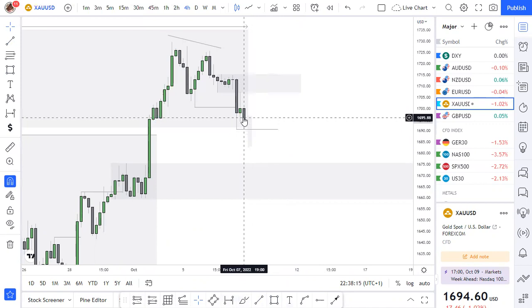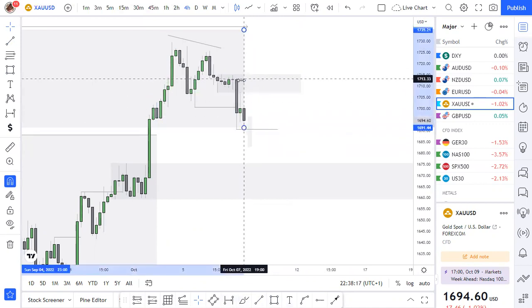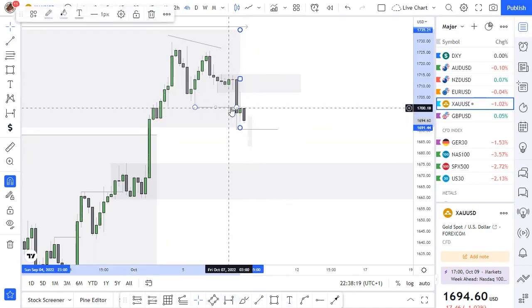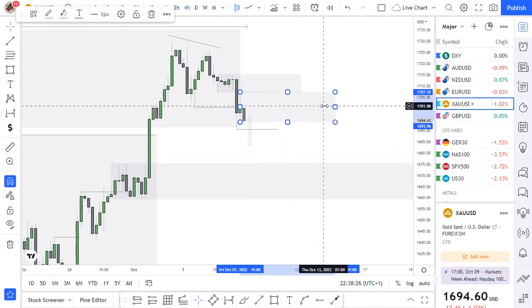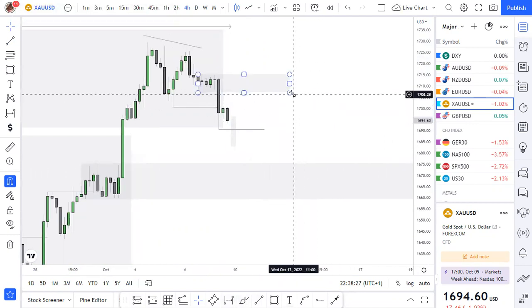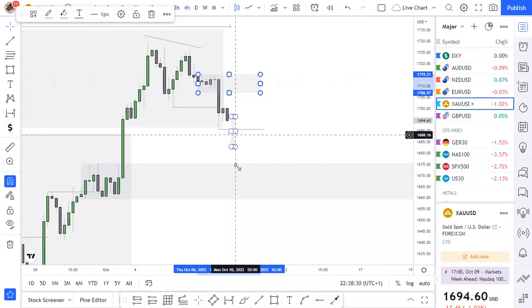If price should push down here and break this low, then we can look at this candle here. But let's not focus too much. We just see what price does.